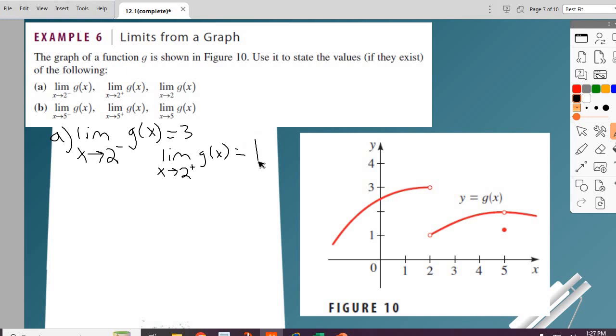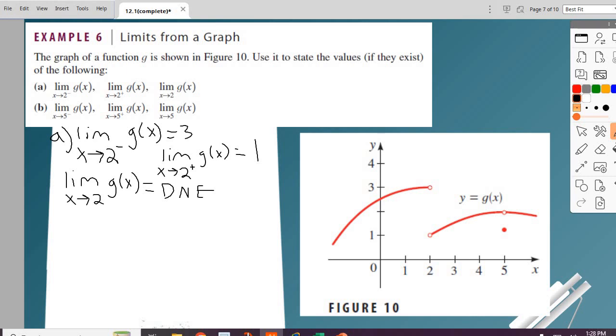Yes? Are we all okay with where we're getting those values from? Now, are 3 and 1 equal? No. So what does that mean about our overall limit? That it does not exist. Yes?